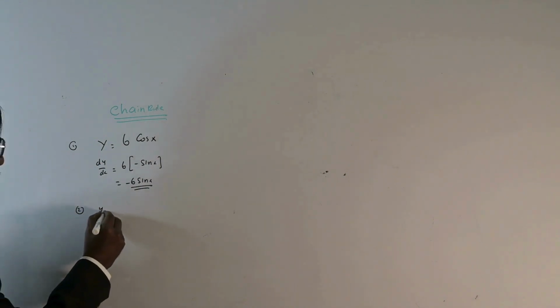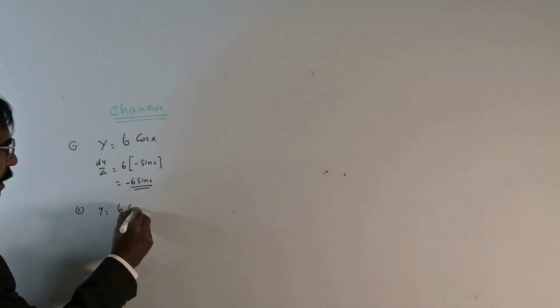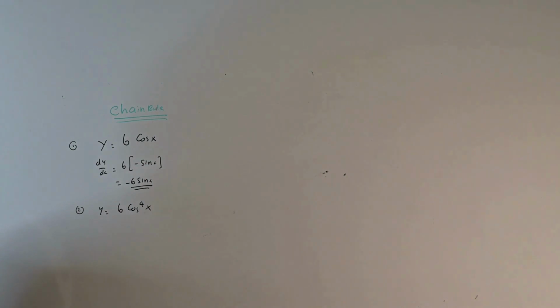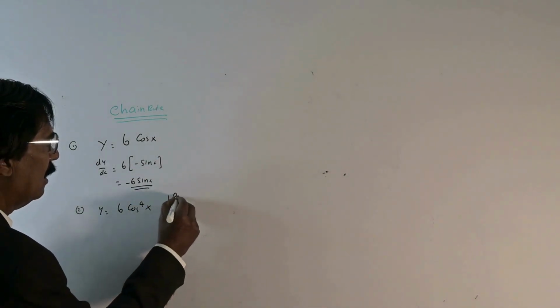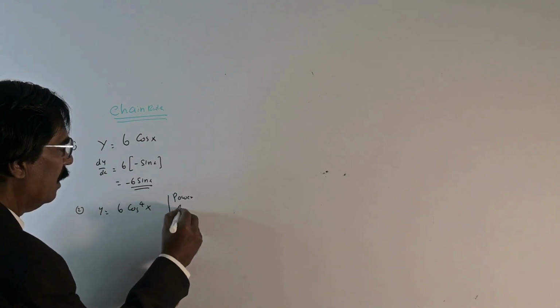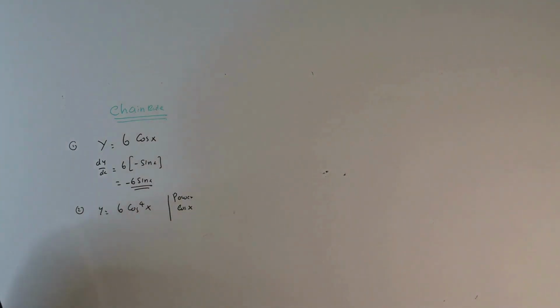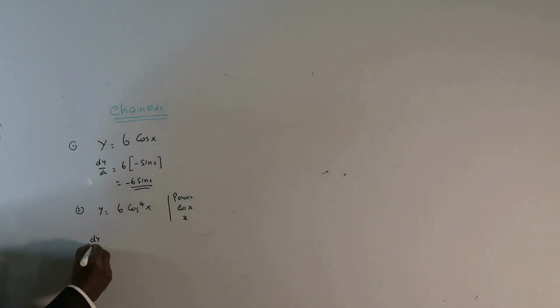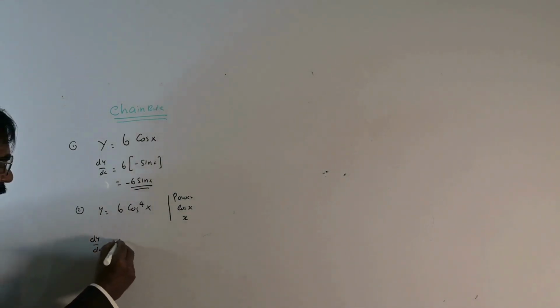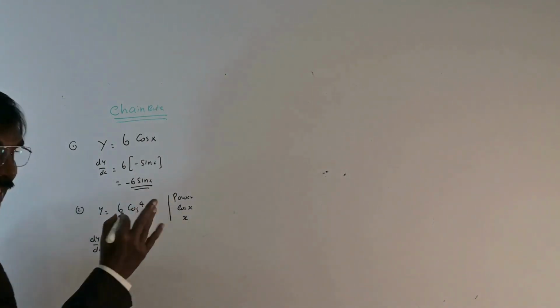I make it as 6 cos power 4 x. Composite function. See, first I must differentiate the power. Then I must differentiate cos x. Then I must differentiate x. Look, dy by dx, 6, power. Consider this as x power 4.